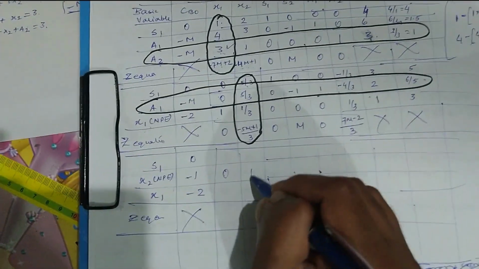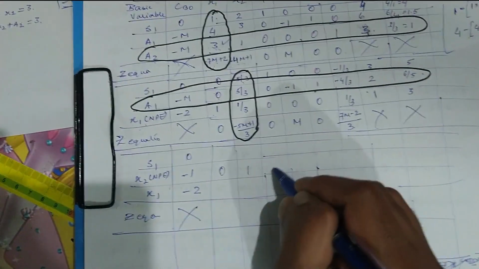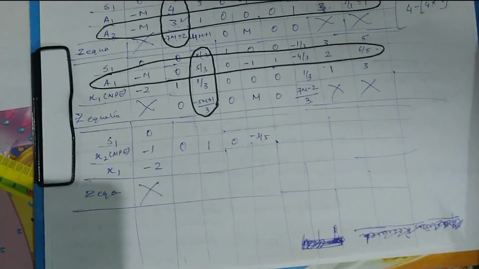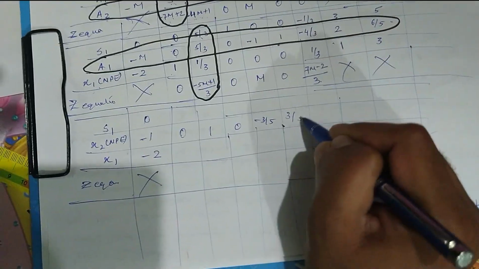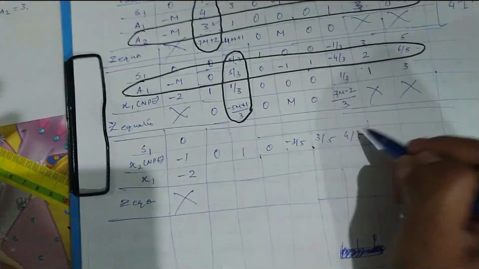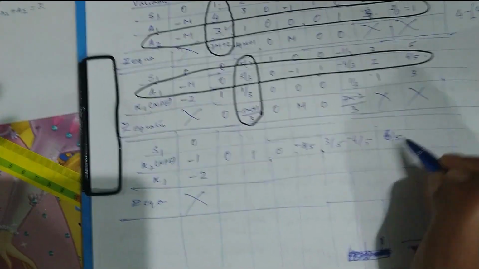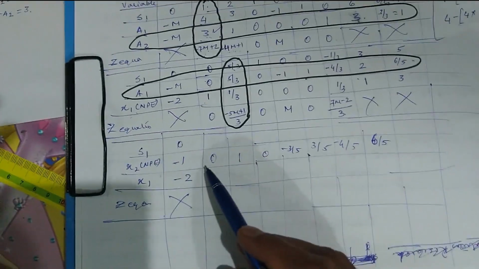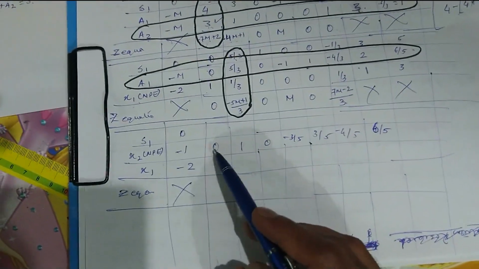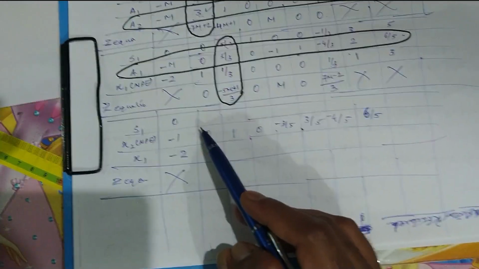Similarly, the next pivot elements are 1, 0, minus 3 by 5, 3 by 5, 4 by 5, so minus 4 by 5, and 6 by 5. So the new pivot elements are calculated by using the relation old element divided by key element.